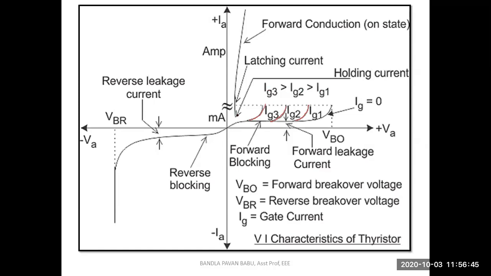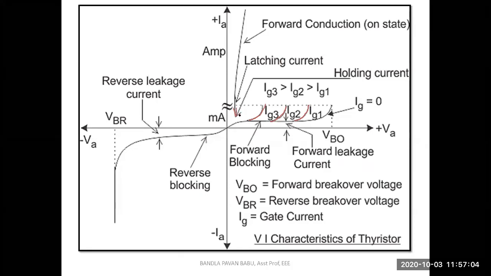At some particular value, there will be a rise of current. Two currents exist here: the holding current and the latching current. We will go into detail on these later.